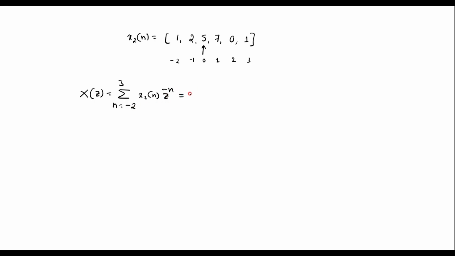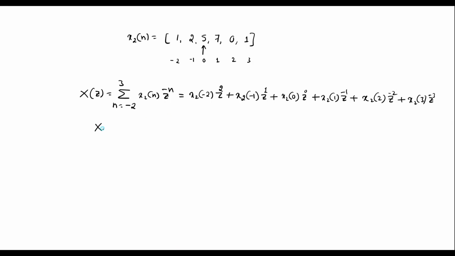So n equal to minus 2, that is x2 of minus 2 z power plus 2, minus minus 2 is plus 2, plus x2 of minus 1 z power 1 plus x2 of 0 z power 0 plus x2 of 1 z power minus 1 plus x2 of 2 z power minus 2 plus x2 of 3 z power minus 3.